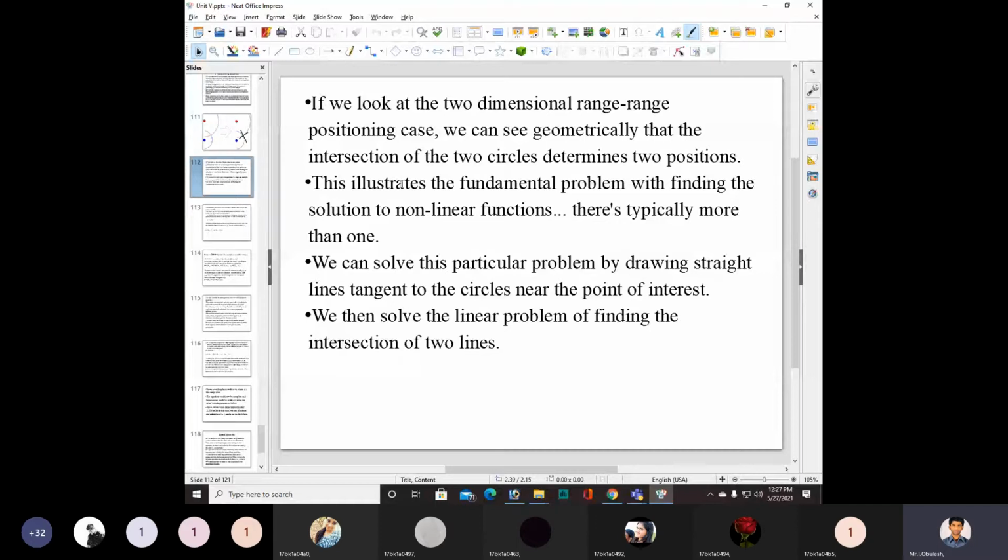These two positions illustrate the fundamental problem.